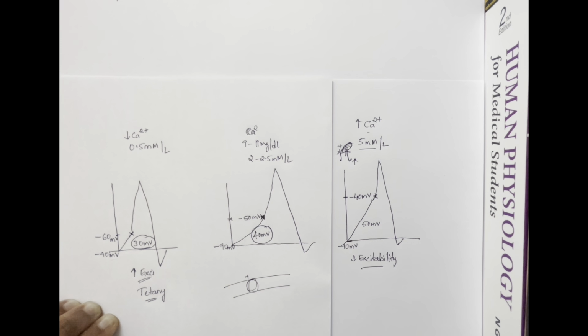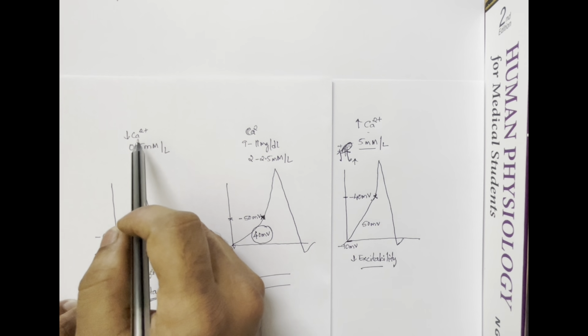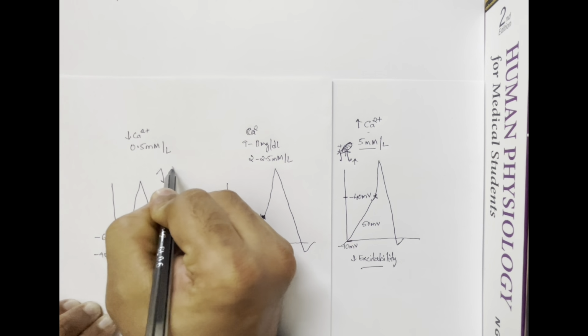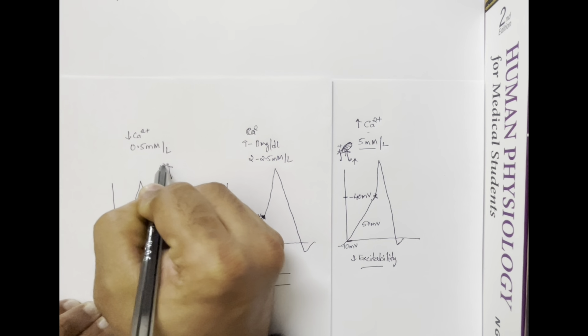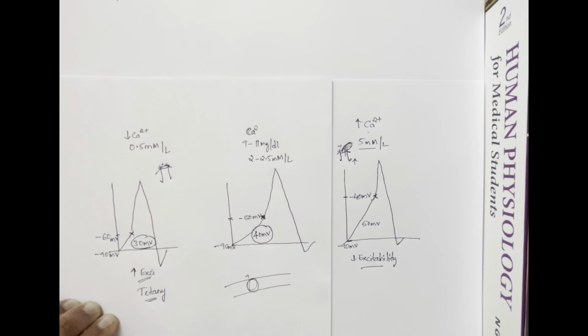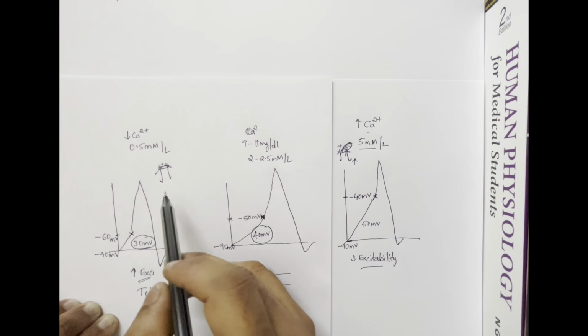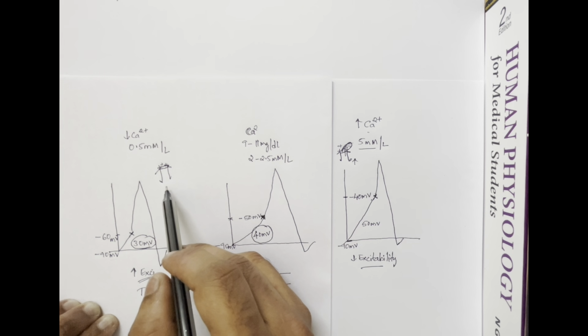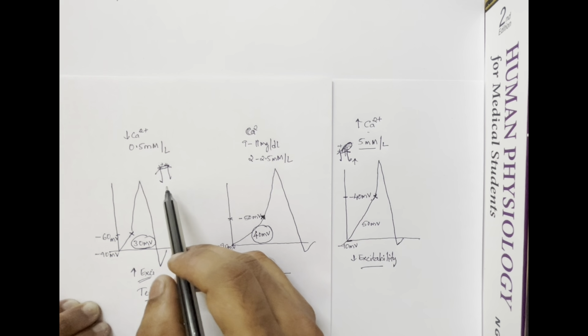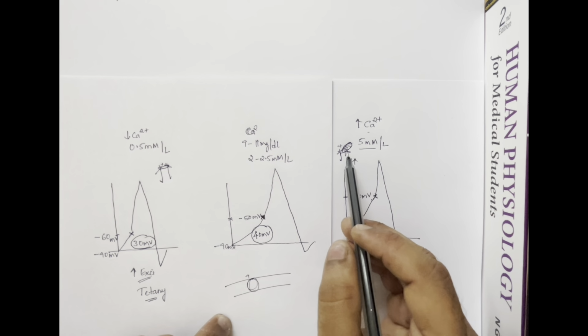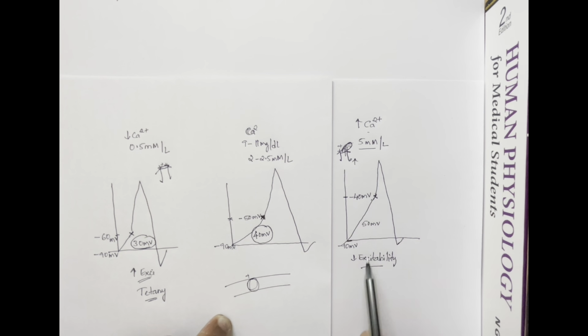This is because of fewer calcium ions binding to the voltage gated sodium ion channels, and the electrical nature of the protein is such that its threshold level is reduced. If more calcium ions are bound, the threshold level is increased and there is a decrease in excitability. So this is the physiological basis for hypocalcemic tetany that you commonly find in case of hypoparathyroidism.